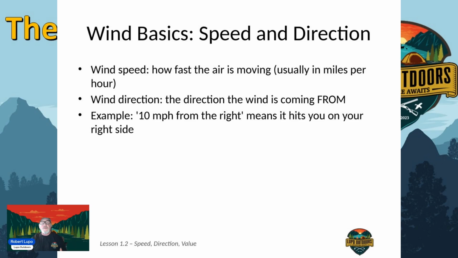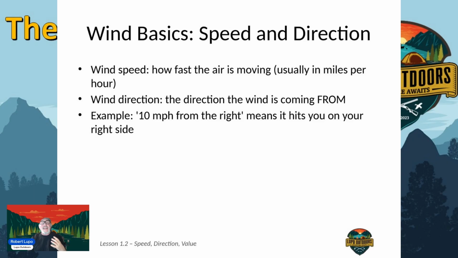Let's define two simple pieces: wind speed and wind direction. Wind speed is just how fast the air is moving, usually in miles per hour: 5, 10, 15, and so on. Wind direction is where the wind is coming from. The word "from" is really important.